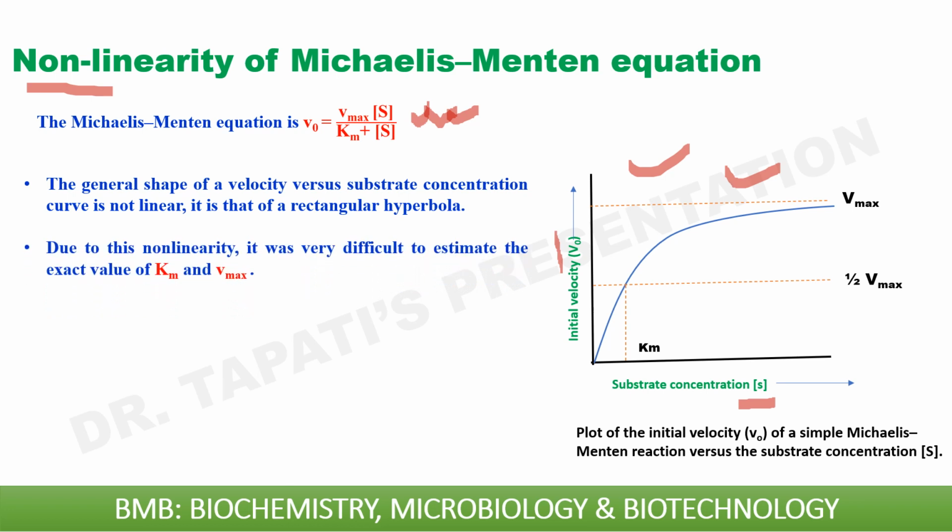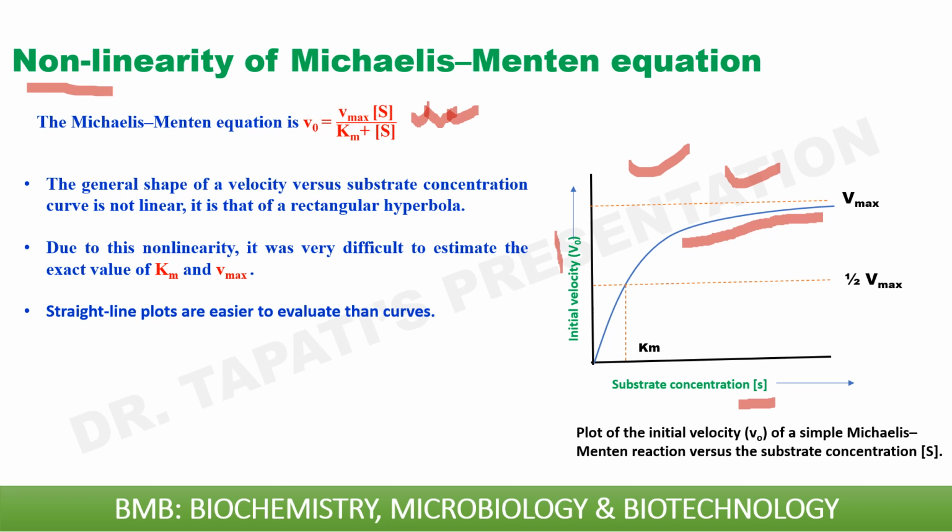So from this non-linear plot, it is very difficult to get the Vmax value. As you know, Km is equal to substrate concentration at half Vmax. Therefore, if you don't know the exact value of Vmax, it is very difficult to estimate the exact value of Km also.